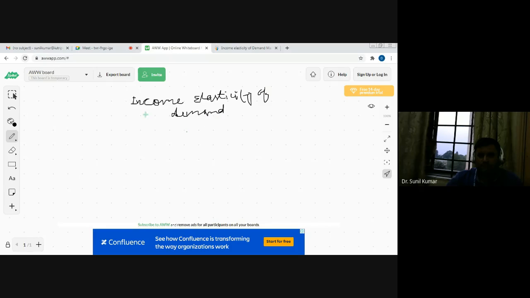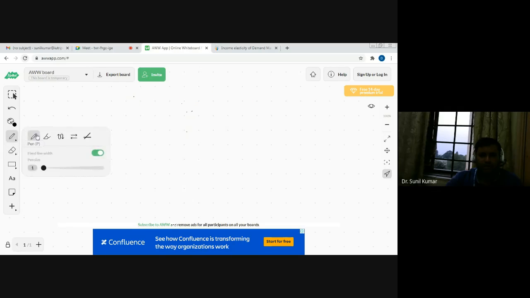It's not looking good, so I'm going to write the short form, and you can write the full form. Income elasticity of demand.